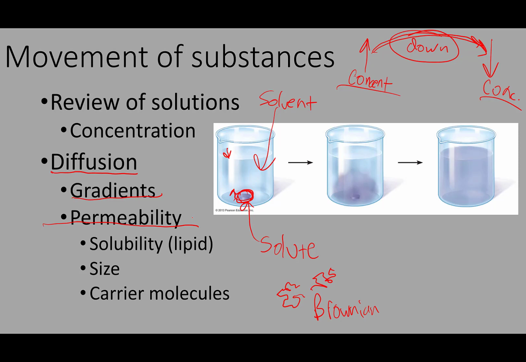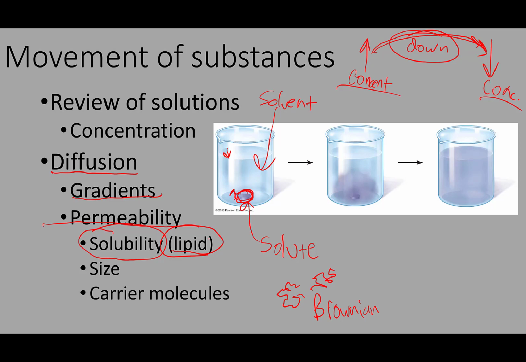And there's three driving factors. The first is solubility of the solute. Well, things that are lipids, or things that we say are lipid soluble, things that dissolve in fat or things that are fat-based, the membrane is permeable to those.